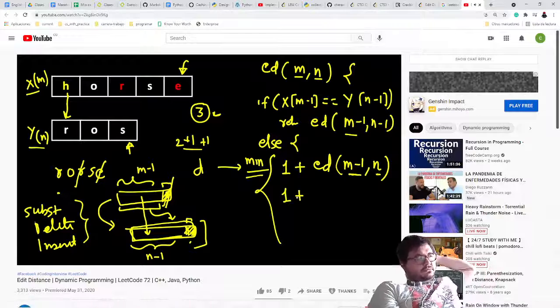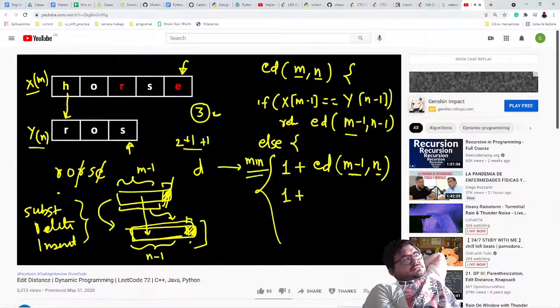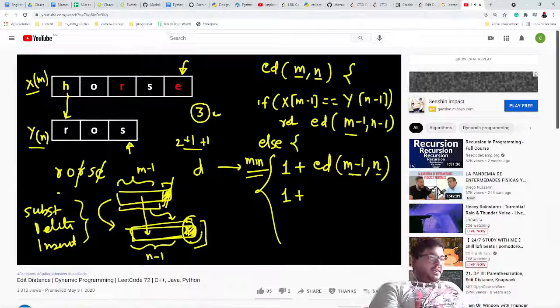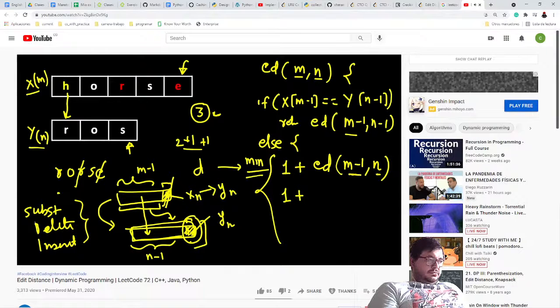Then we will substitute. So these characters are different, and our target is that the last character should be this one, let's call it yn, and this is xn. So we will substitute xn with yn so that this character now becomes the same and our task is reduced. So we will look in this m-1 and n-1 since we have substituted this to exactly what it should be.